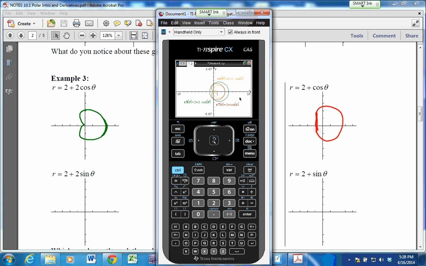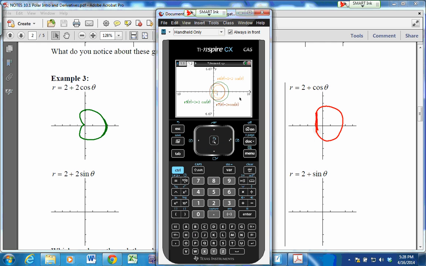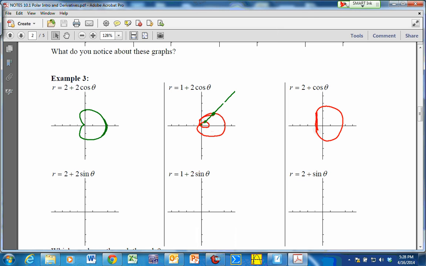Now, I bet you can guess what would happen if you did sine instead of cosine. And so what we need to notice about this is, how do you know if it has an inner loop or anything? So basically here is your criteria. If you have r equals a plus b cosine theta, well, here we had a and b equal.